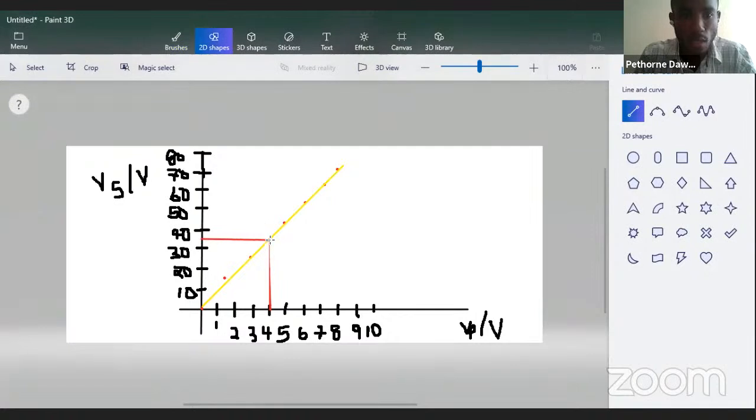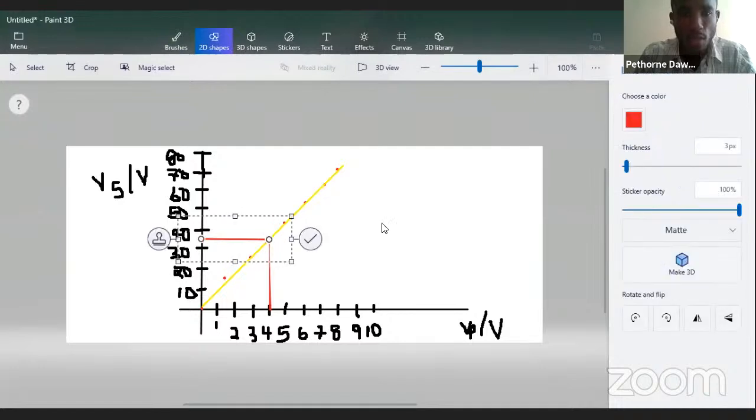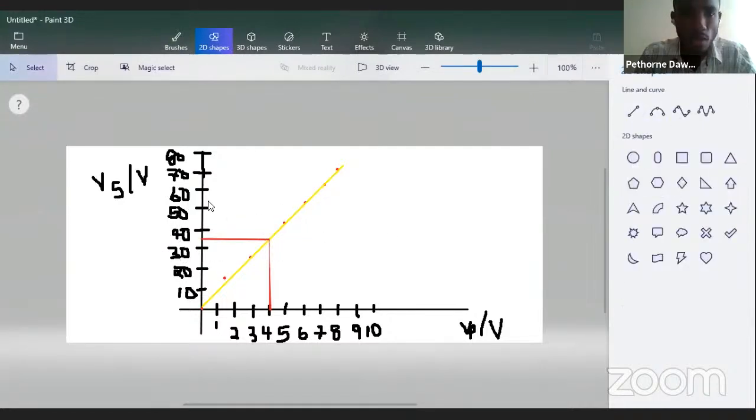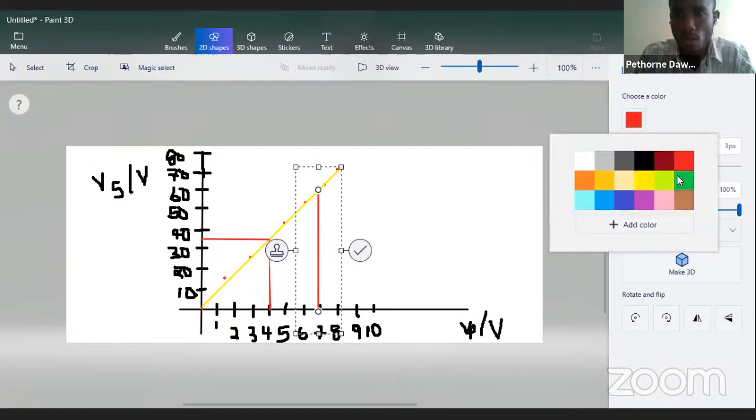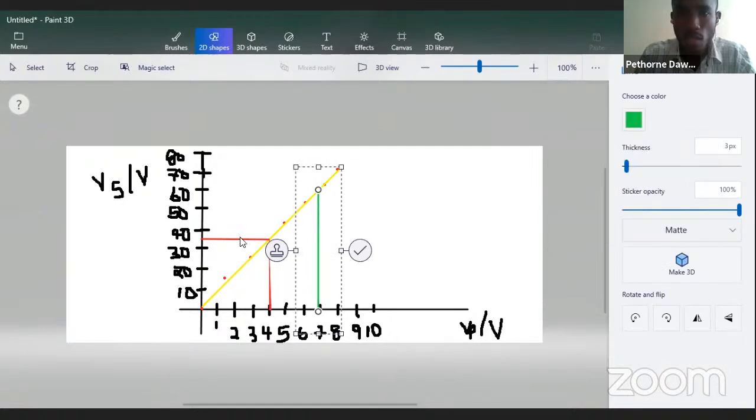That's another point there roughly. And then that's good, and then another one would be here. You can use green lines to indicate that.